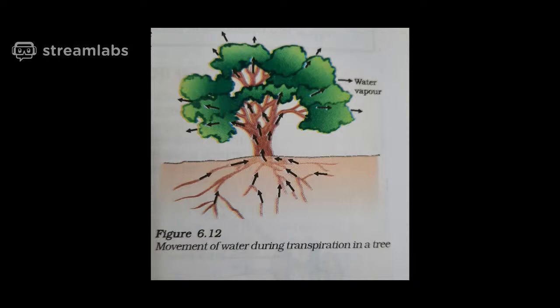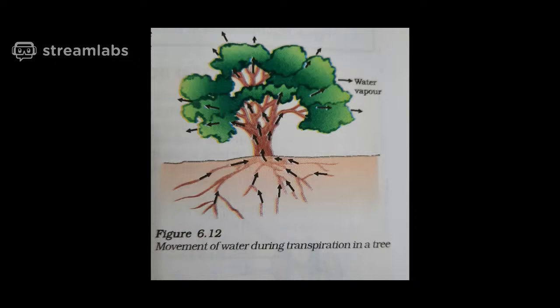The translocation of food is the movement of soluble nutrients, that is in the form of sucrose, from the leaf to different parts of the plant by phloem tissue.